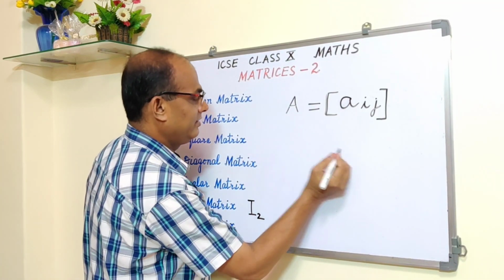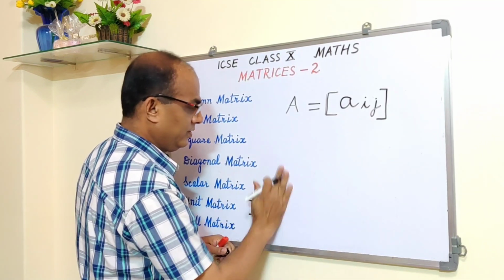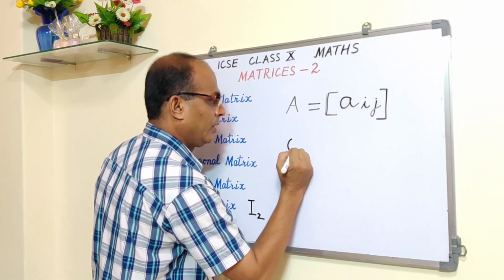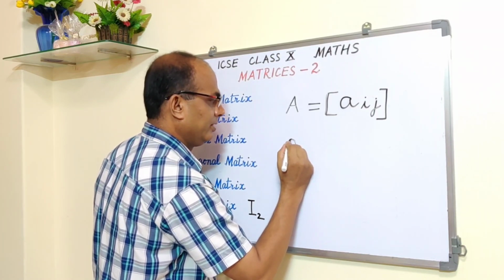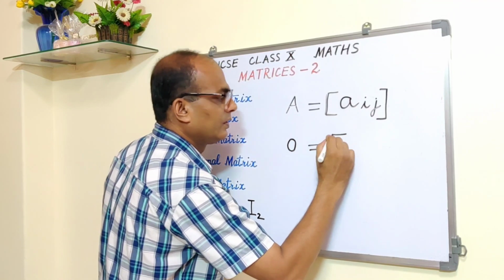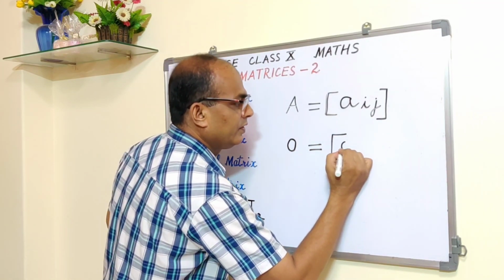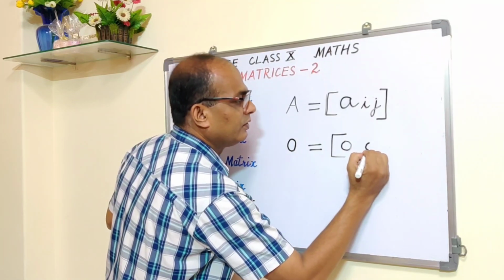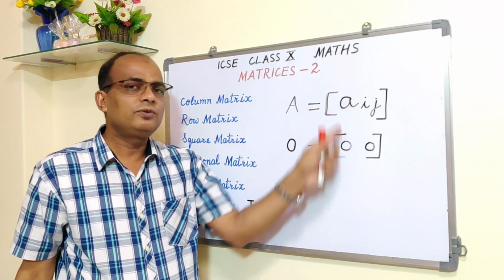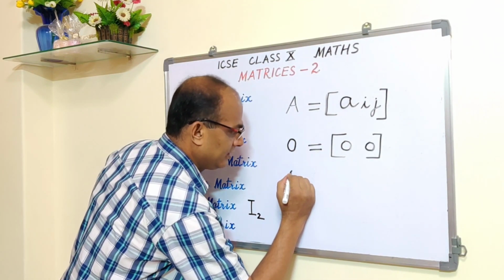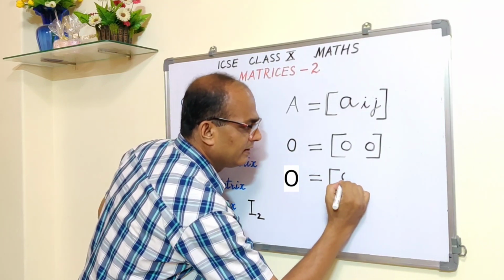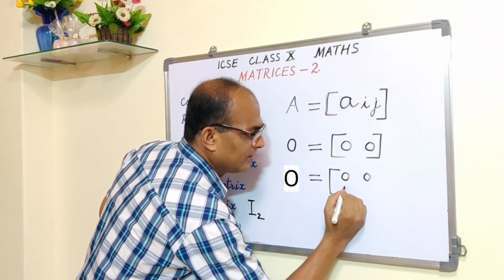This is a null matrix, and we use the symbol O. For example, the matrix 0, 0. Is it a square matrix? No, because there is 1 row and 2 columns. Another example: 0, 0, 0, 0.